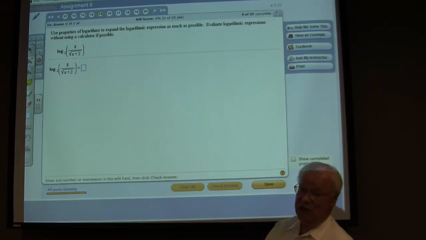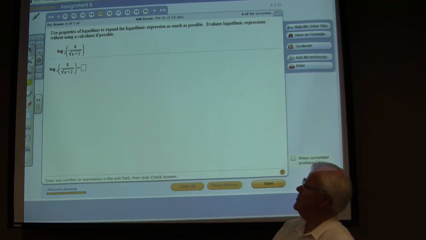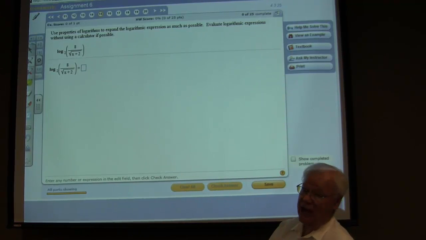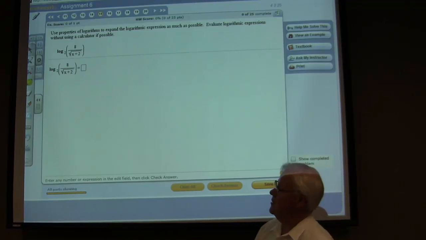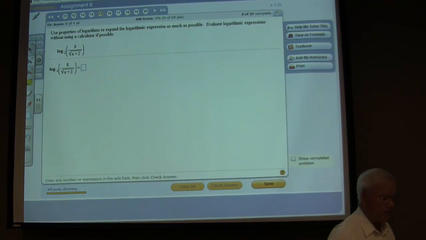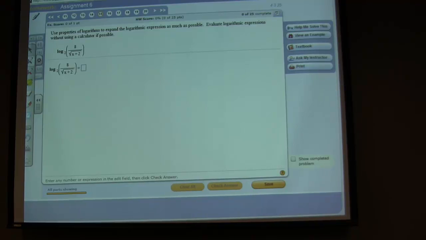When you see a division, if you remember back from what I was doing a little while ago, you subtract the exponents. Logarithms are exponents. So this becomes the log base 2 of 8 minus the log base 2 of the square root of x plus 2.